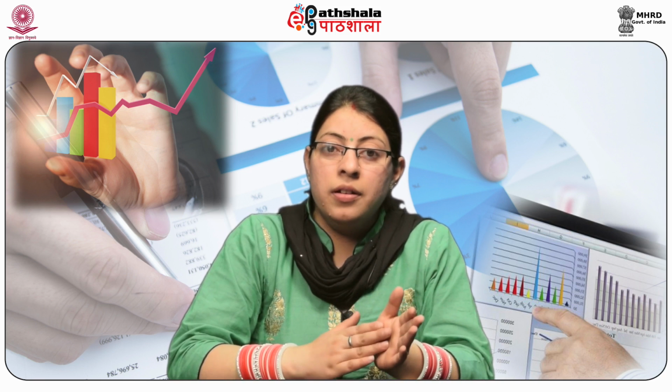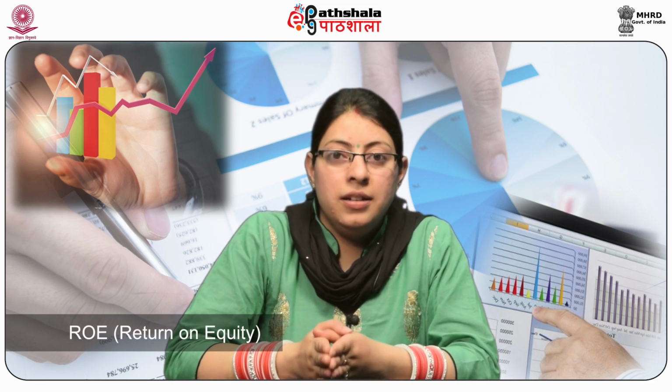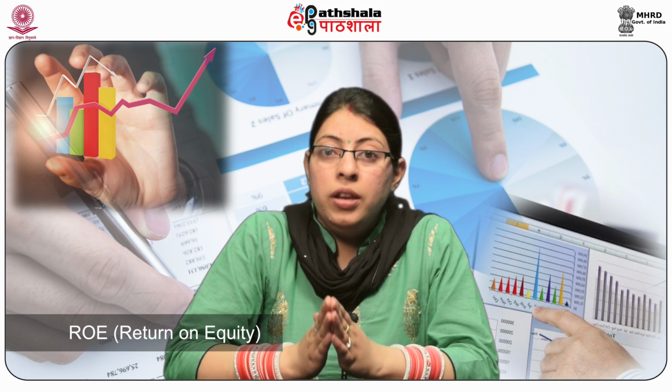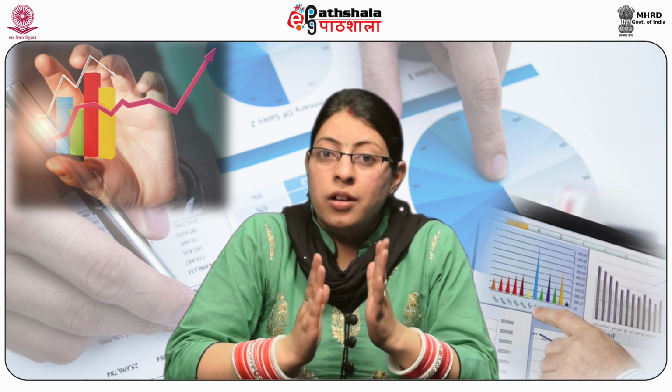Financial ratios are determined by dividing one number by another and are usually expressed as a percentage. ROE, that is return on equity, is the starting point for ratio analysis. The three drivers of return on equity are as follows.